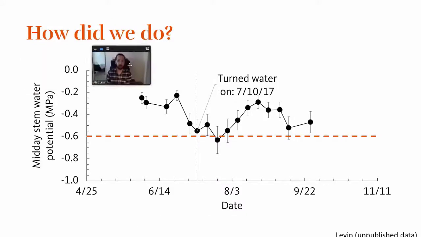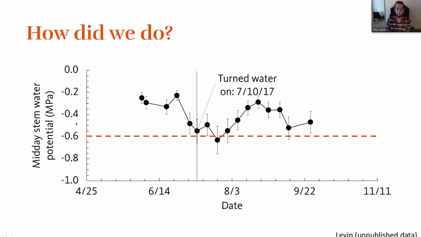We were also monitoring those same vines with the pressure bomb, measuring water status, and we said we would turn on the water when it got to this value here with the orange dashed line. And we actually turned on the water on July the 10th when it got pretty close. I mean, it was within the margin of error.